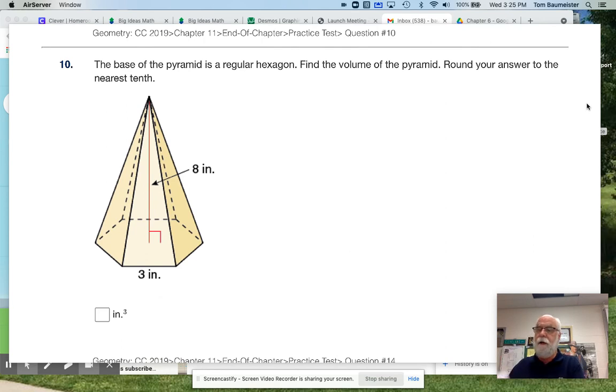Let's see here. Number 10. Now, this will be the hardest one. So remember, the volume of a pyramid is 1/3 the base, again, capital B, because we're talking about the area of the base, times the height. In this case here, let's go ahead and change it to a different color.